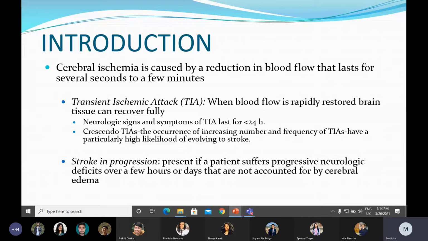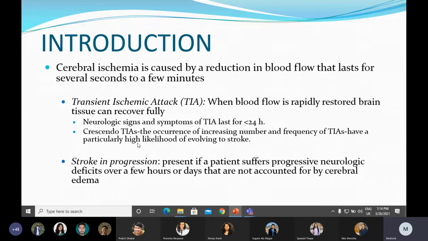In transient ischemic attack, the blood flow is rapidly restored, the brain tissue will recover fully, and there may not be any remnant of this stroke. So usually we define it as signs and symptoms which last less than 24 hours, called TIAs or transient ischemic attacks.